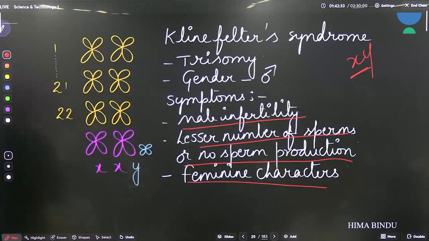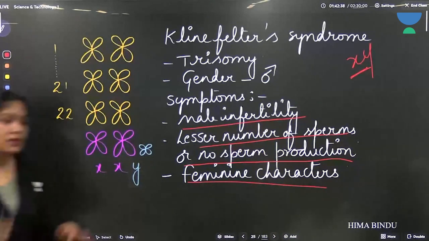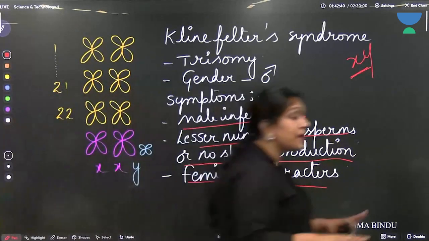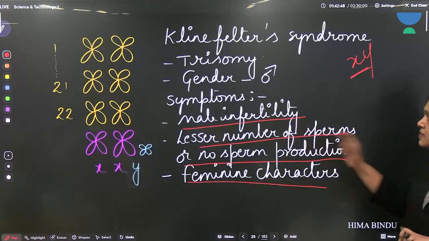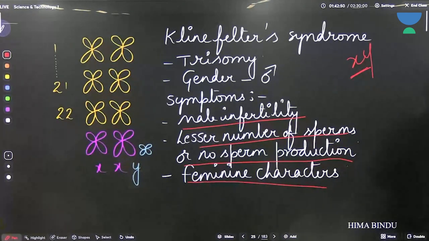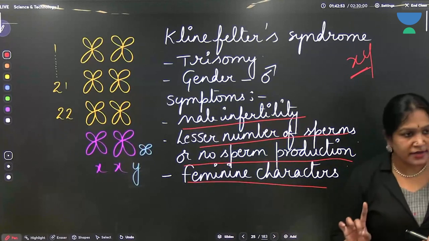With one X chromosome it can completely suppress, but with 2 X chromosomes it cannot completely suppress it. So a little bit of female sex characteristics may also express. So they will have some feminine traits. You may use the word intersex, not transgender.